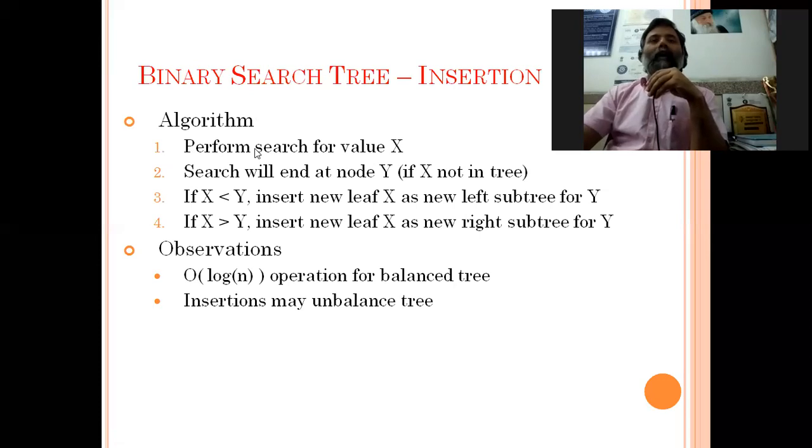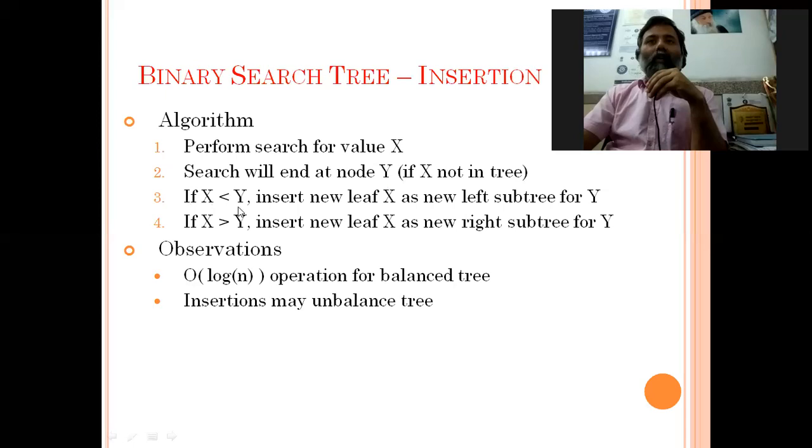So we will perform a search for value X. The search will end at node Y if X is not in the tree. If it is found, then it is well and good. And if it is not found, then it will end at Y.